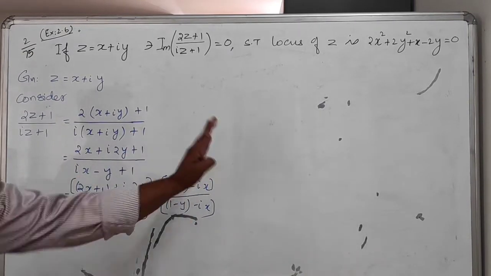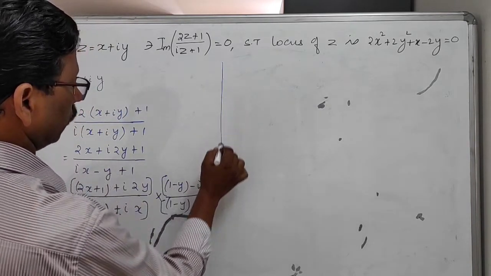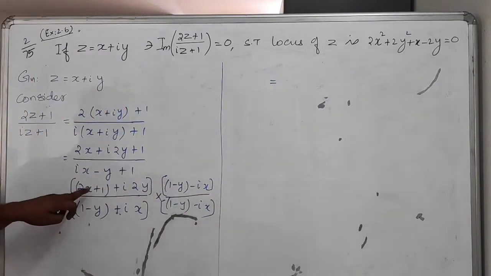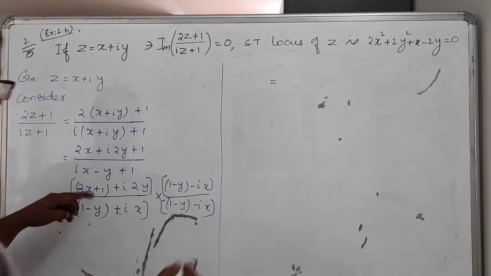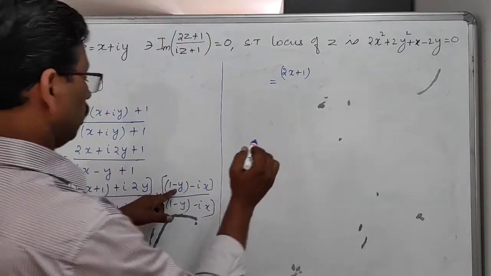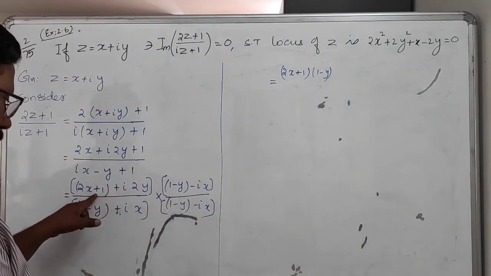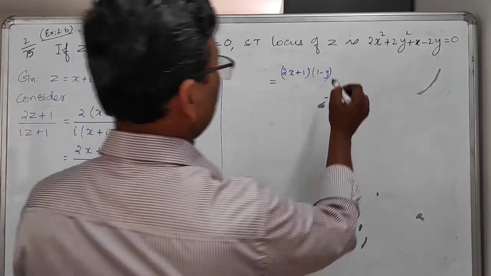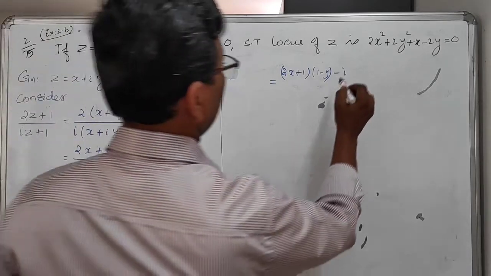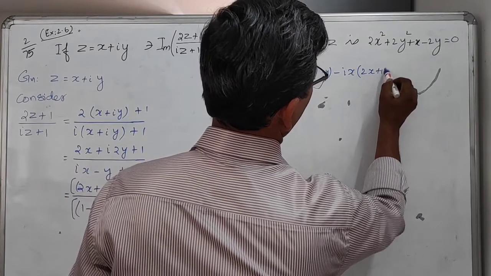Okay, now as usual, we try to multiply these two things. That is, we can multiply, which is equal to, see, real part into real part. That is 2x plus 1 into 1 minus y. Then 2x plus 1 into ix, that is minus i into x into 2x plus 1.